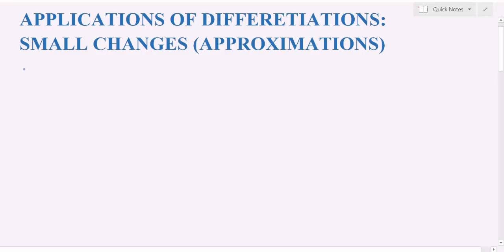Now let us look at a function that is given by the relation y is equal to f of x. Now let there be a very small change, delta x, in x, and this we call the change in x.